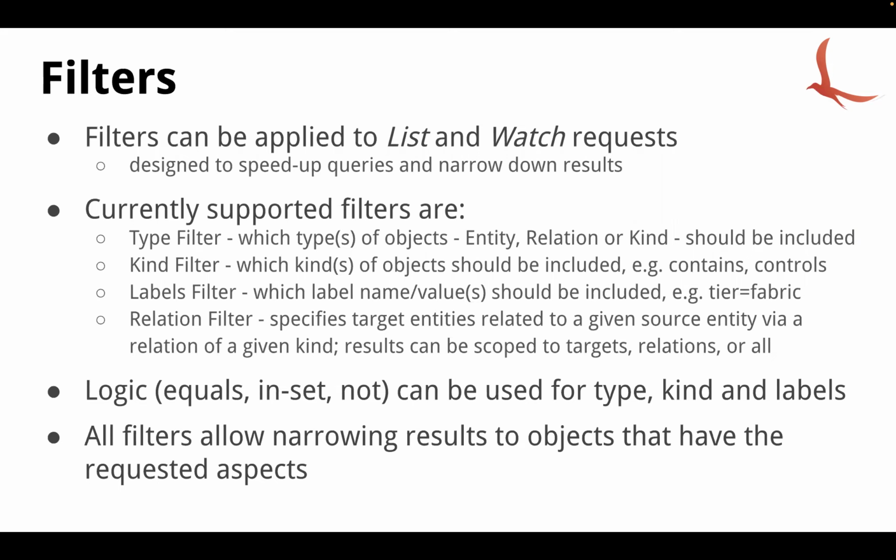So you can specify different combinations of the scope, and you can further narrow down the target entities to be of a specific kind also. And then you can also filter the target entities by saying they must have these sets of aspects defined. Otherwise, I don't care about it. So I think this is quite helpful.